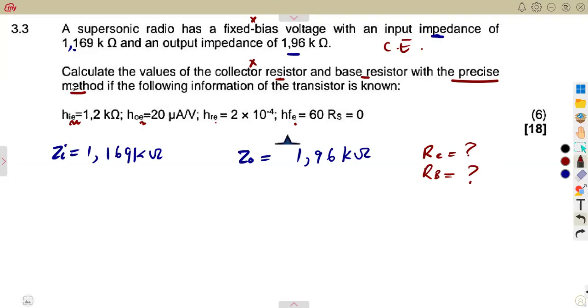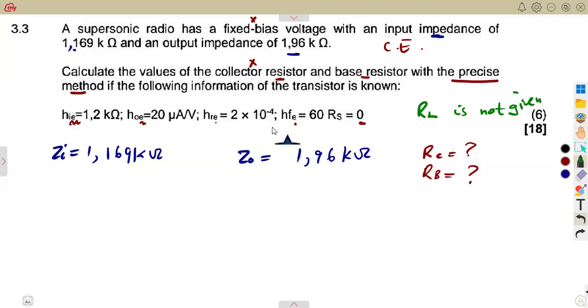If the following information of the transistor is known, that is where you're given this information, and RS is equal to 0. We can see that RL is not given.